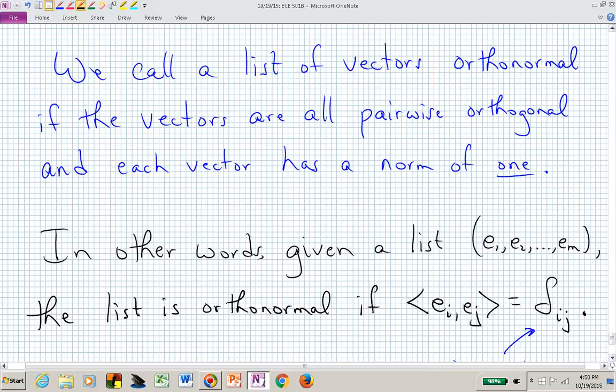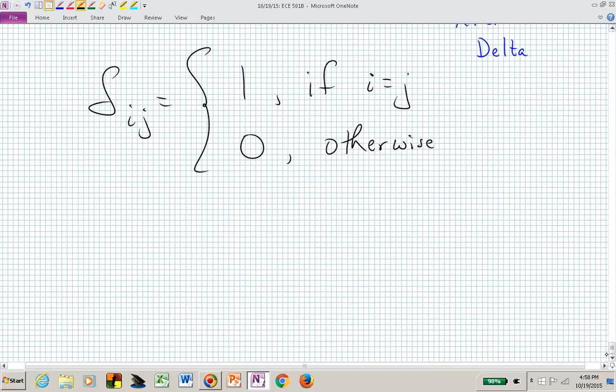That's really all we're saying. And the non-zero inner product will actually be 1. Right now, we're just looking at this list of vectors, so we haven't really built a matrix out of them.